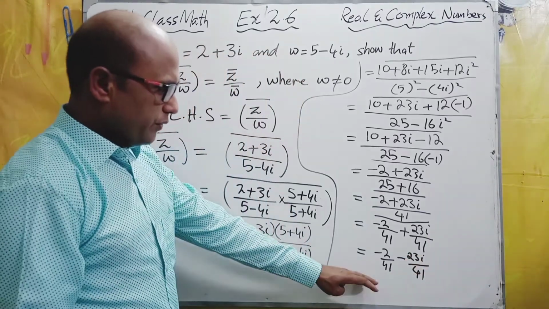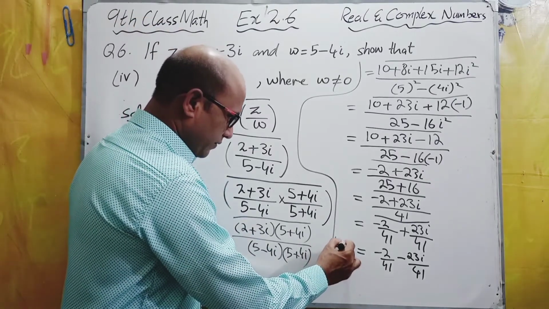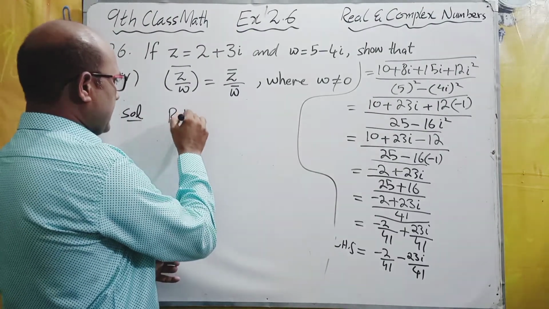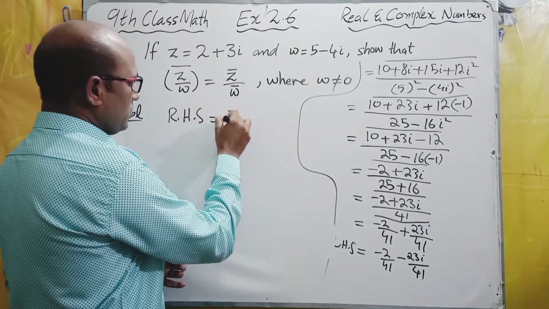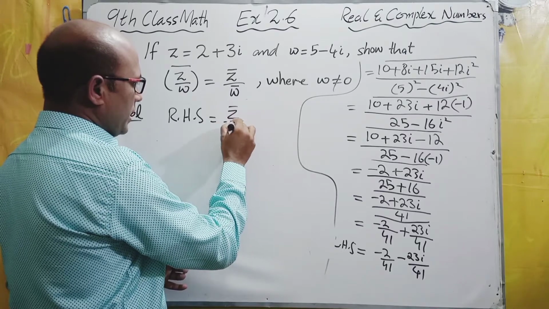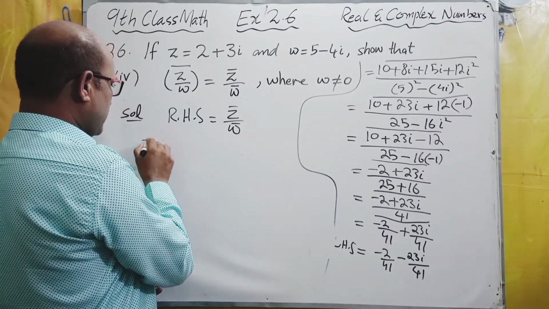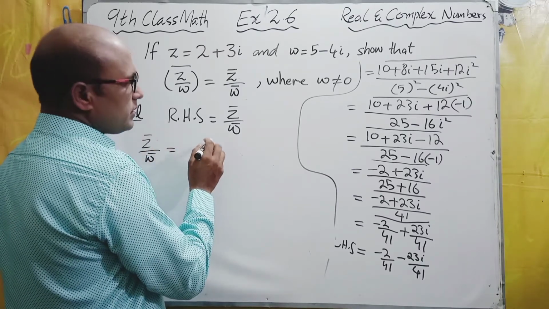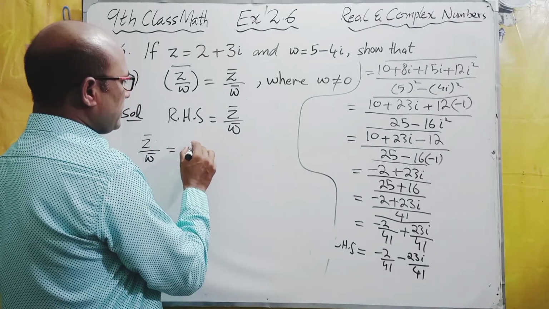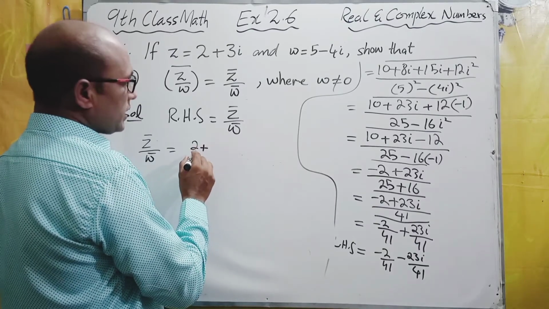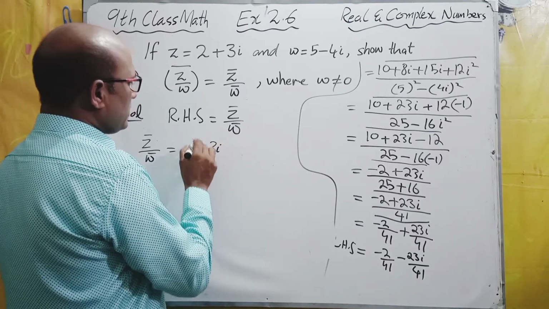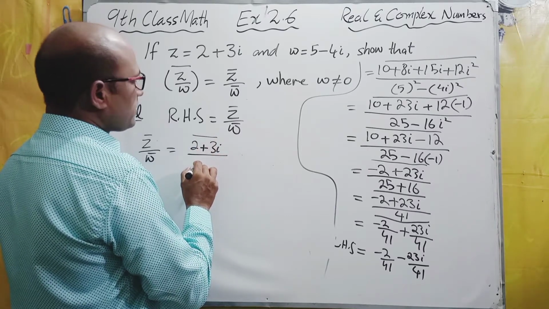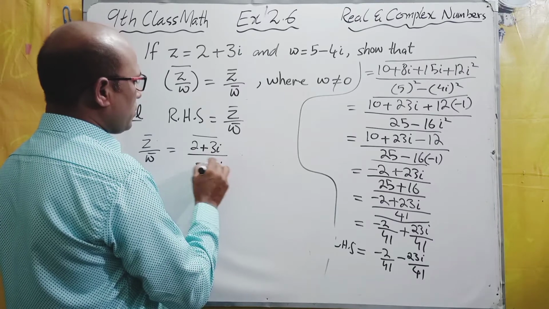So we have solved the left hand side. Now we'll write here the right hand side is equal to z bar over omega bar. Now solving z bar over omega bar, we'll write the values: z is (2 plus 3 iota) bar, over (5 minus 4 iota) bar.